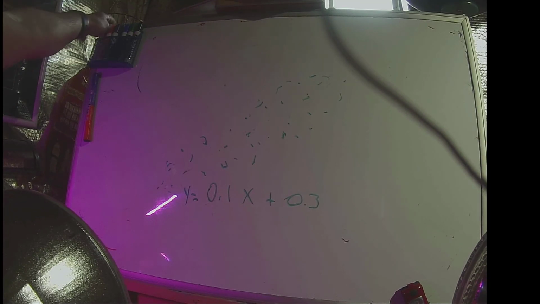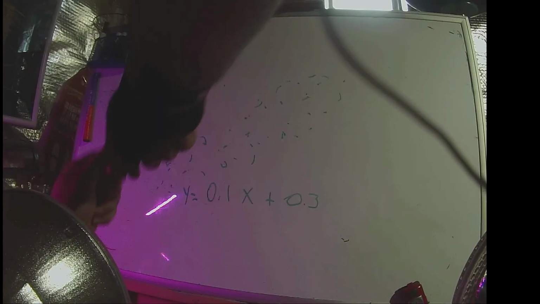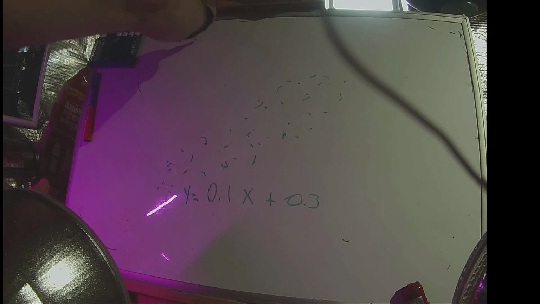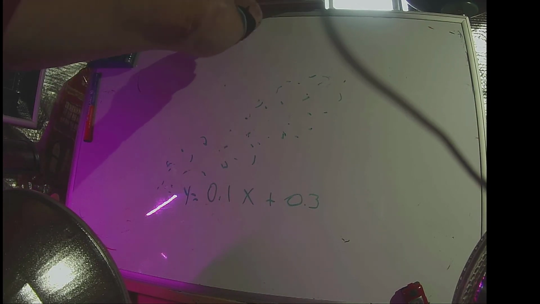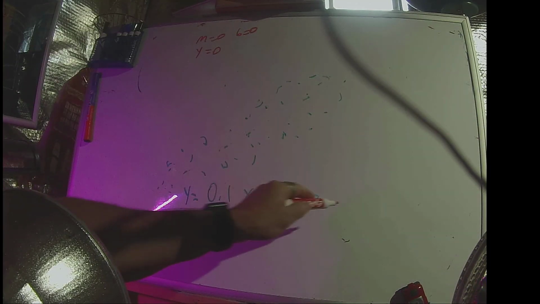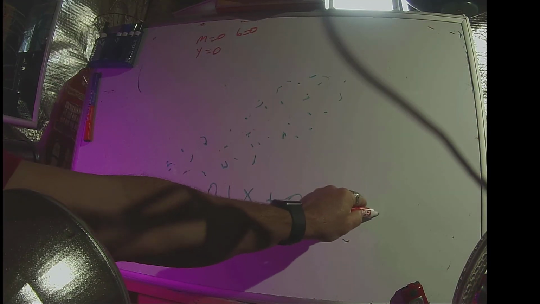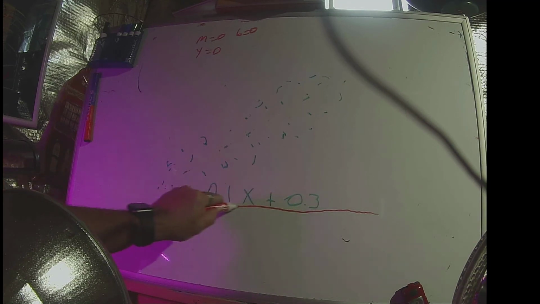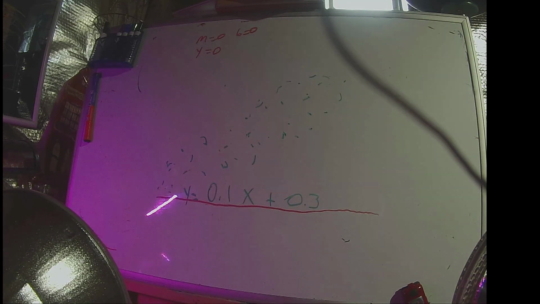So we start out by assuming that m equals 0 and b equals 0. This forms a line, y equals 0, right there. So our red line is our first guess.